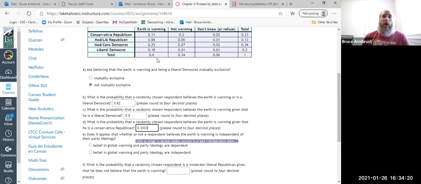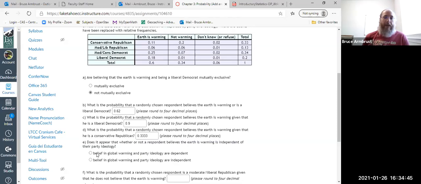If we look overall, there's a 60% probability that a random person chosen from this group believes that the earth is warming. But if we look at just liberal Democrats, that number is higher. If we look at just conservative Republicans, that number is lower. And so both of those suggest that this is definitely a dependent pair. The probabilities change.